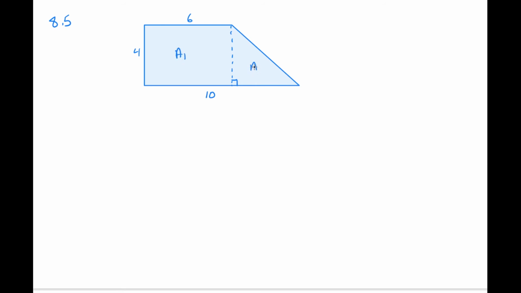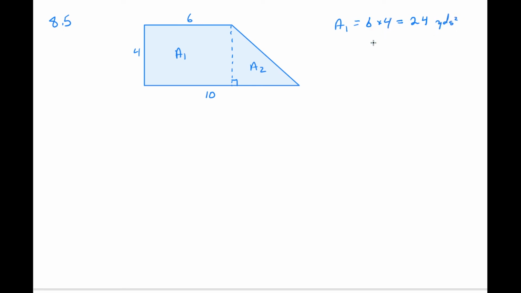We'll call this area 2. So area 1 is 6 by 4, and it is a rectangle, so we keep the whole value. That's 24. Okay, and the dimensions of this are in yards. So that's 24 yards squared there.